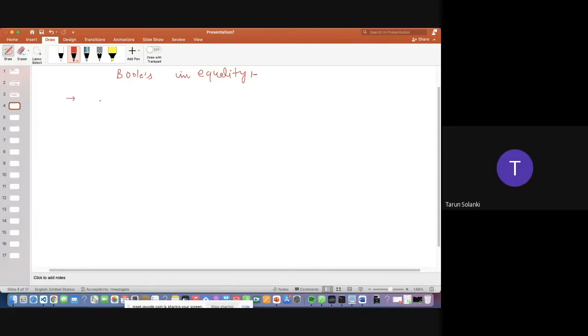So we can say for any two events A and B, P of A union B is equal to P of A plus P of B minus P of A intersection B. So we can say probability of A union B is less than or equal to P of A plus P of B. Correct?